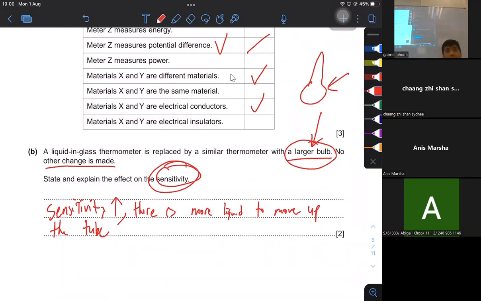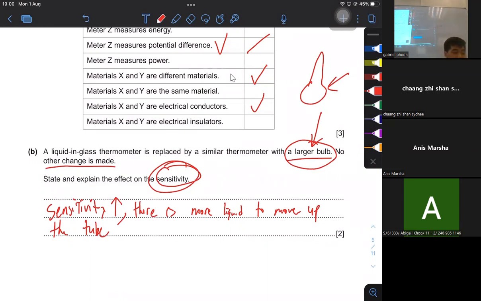Also, when it's 0 degrees Celsius, all the mercury is inside the bulb. Oh, yeah, you could say that, but it's a very weird statement. No one will test your understanding of that.